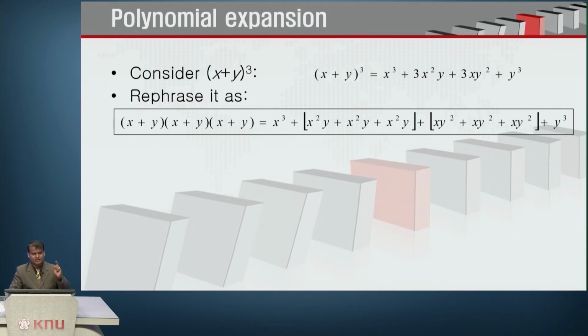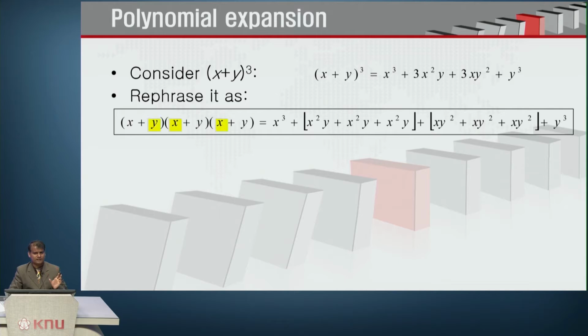If you take just x, you have x times x times x, which is x cubed. Then if you take x times x plus x times y, that is x squared y. The thing goes on.